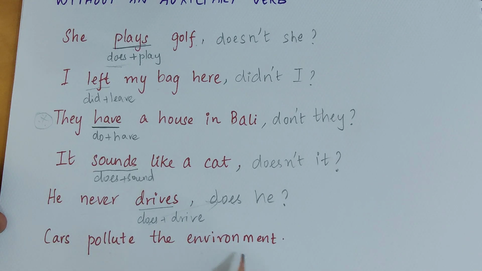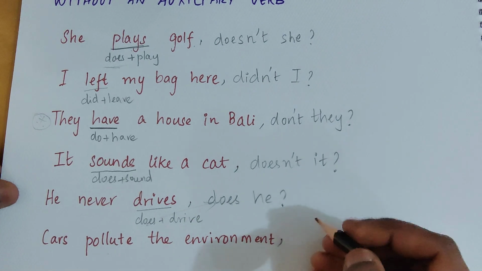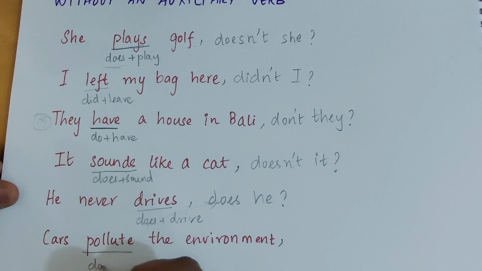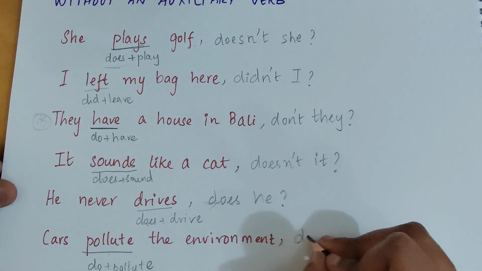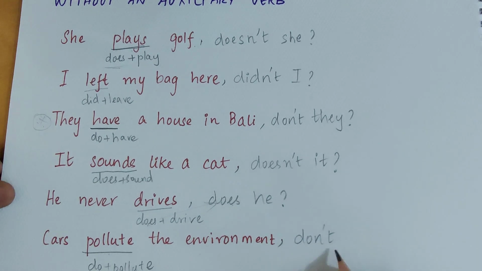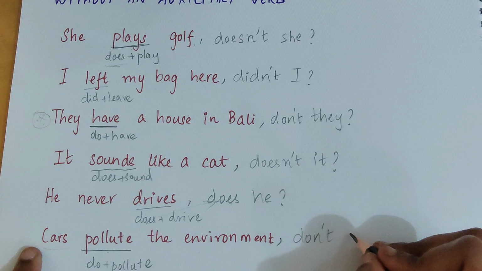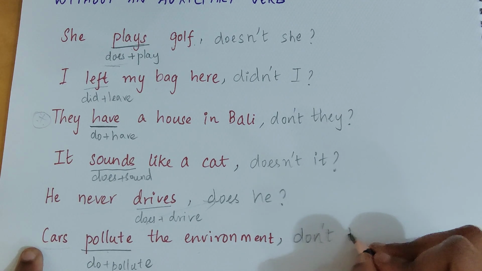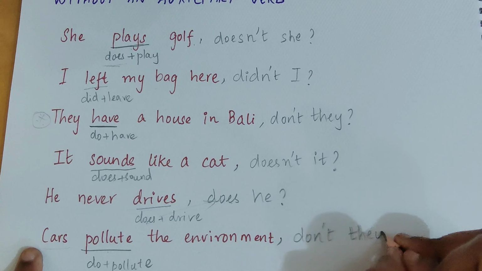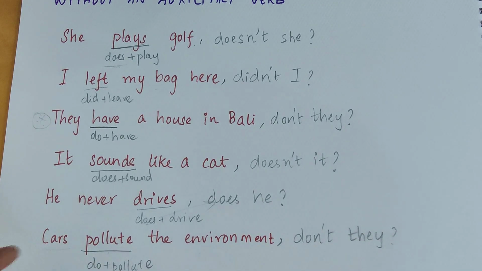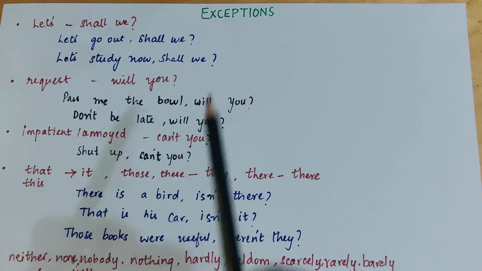Cars pollute the environment. Pollute is do plus pollute. It's a positive statement, so change into negative. Don't. Cars are plural. They. Don't they.